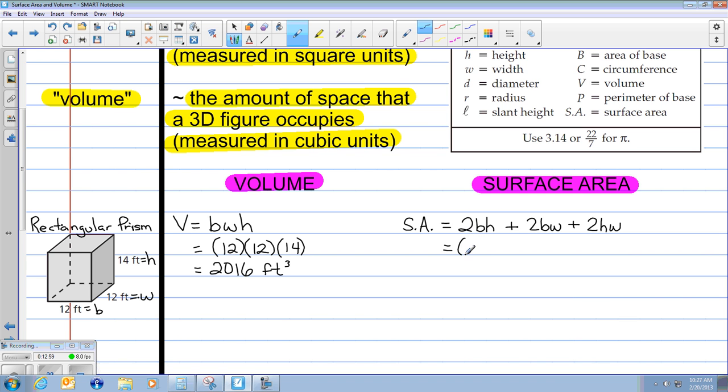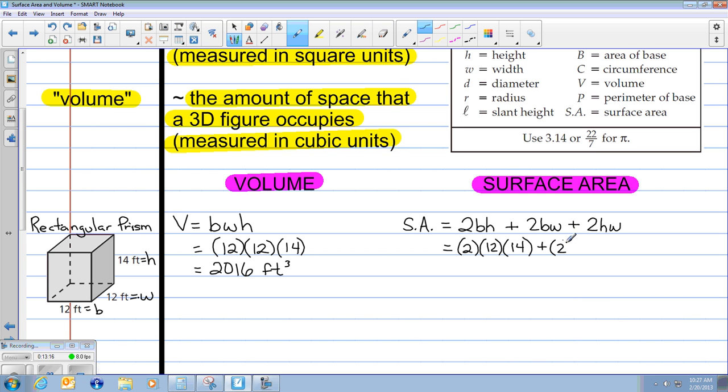So I'm going to do 2 times B, which I have as 12, times H, which is 14, plus 2BW.